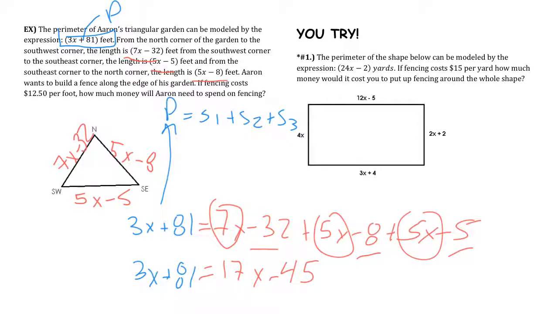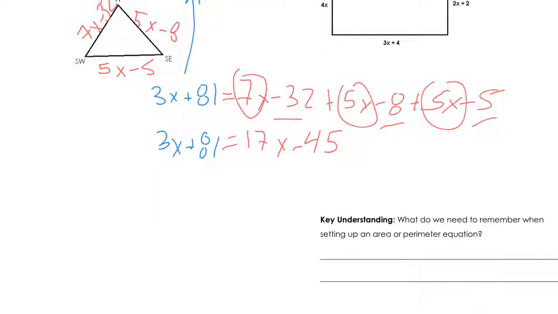Now I'm just going to solve for x using inverse operations here. So if I subtract 3x from both sides, it's gone here. I get 14x equals 81. I'm going to add 45 to both sides.